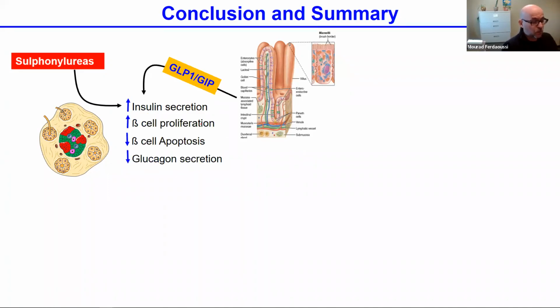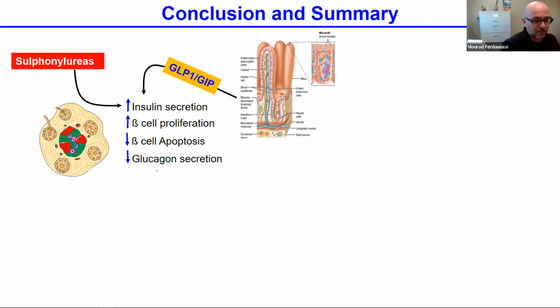More beta cells, more insulin secreted. We published one study showing that GLP-1, for example, reduces beta cell apoptosis by targeting the JNK pathway. So we have also less cell death with GLP-1 and GIP. So again, more beta cells, more insulin secreted.